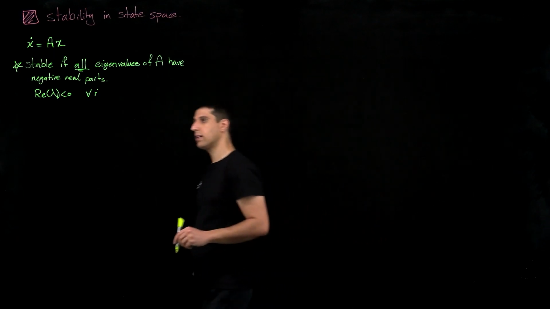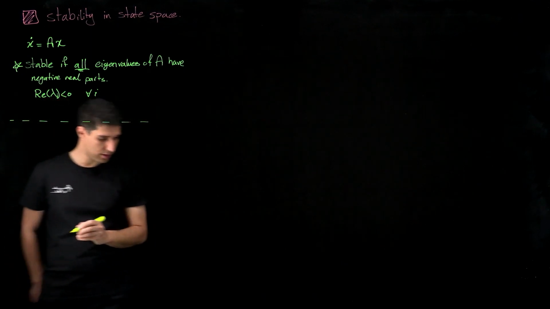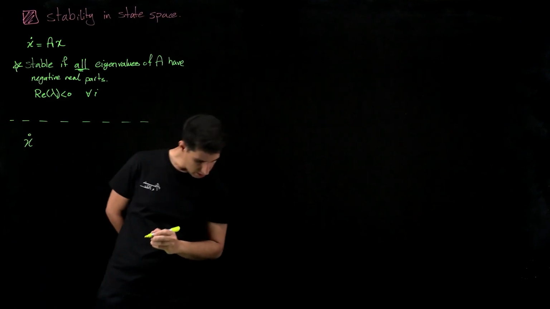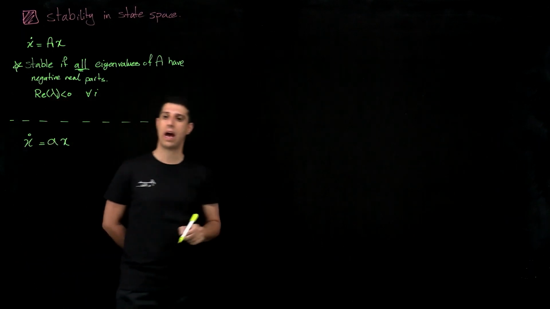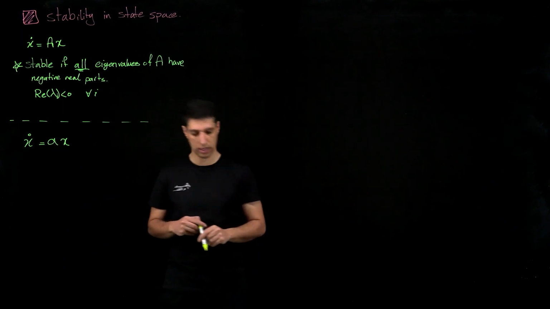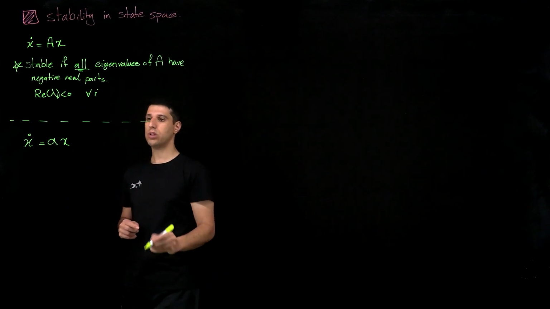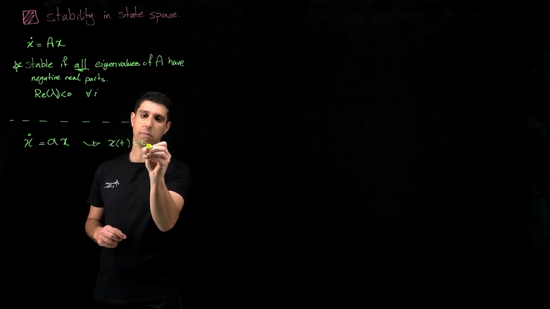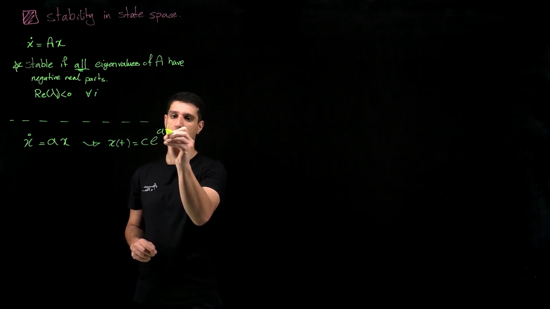And to do that, let's start with a very simple, very familiar case: x dot equals ax. Just one state and a scalar equation. So a is a number, x is another number, a function. If you remember, the solution to this differential equation is x of t equals some constant c, depending on the initial condition, times e to the at.